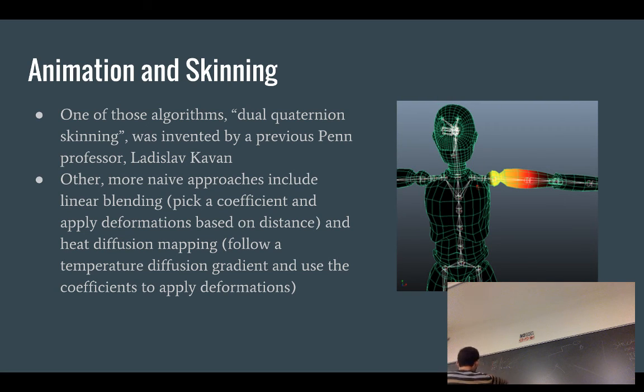So as a point of explanation here, who can imagine a problem with this linearly blended approach? Anyone? Completely off the wall. Okay, so I'll draw an example and you have to tell me what happens here.